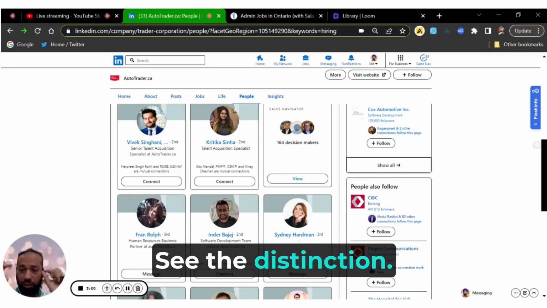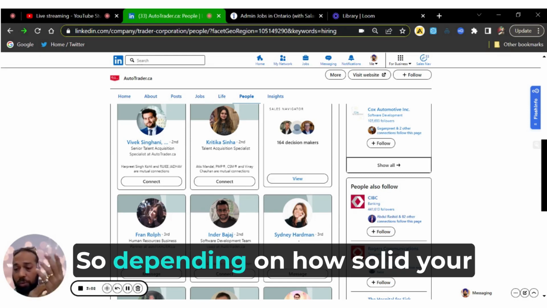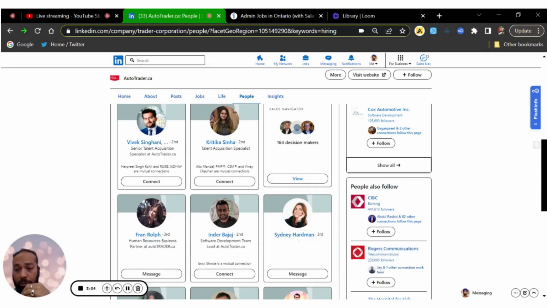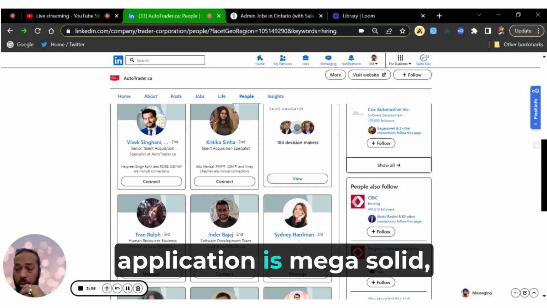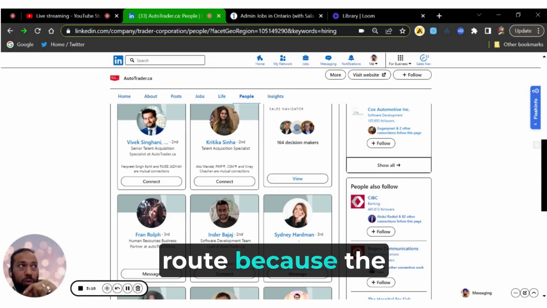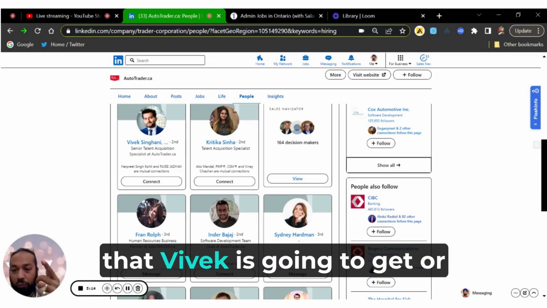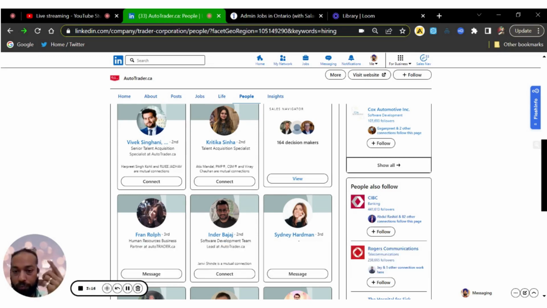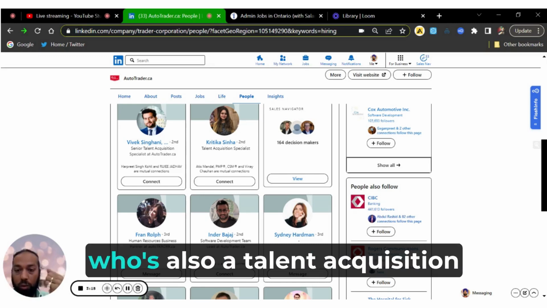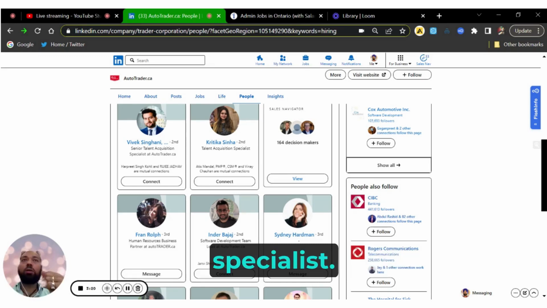So you see the distinction. Depending on how solid your application is, if your application is mega solid, then I would go by the partner route, because the partner is likely going to get more of a commission versus the bonus that Vivek is going to get, or Kritika, who's also a talent acquisition specialist.